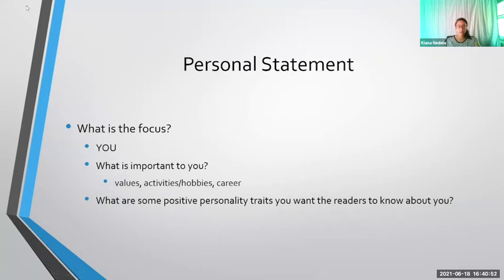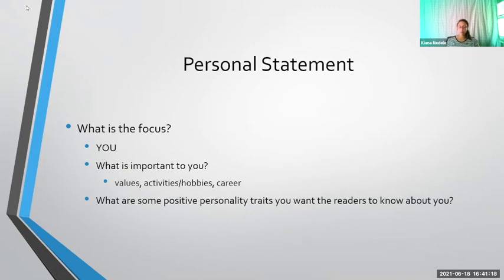And of course, the most important thing about the personal statement, your college essay, is the focus. The focus is on you, not your friends, not your family, not the radio show that you like to listen to, not the book you read, which was inspiring and taught you about the world.